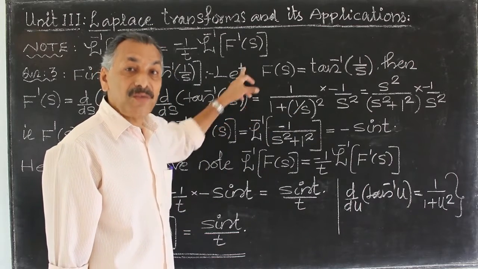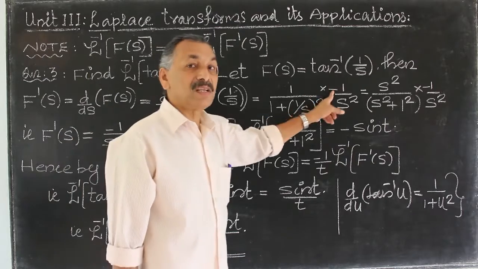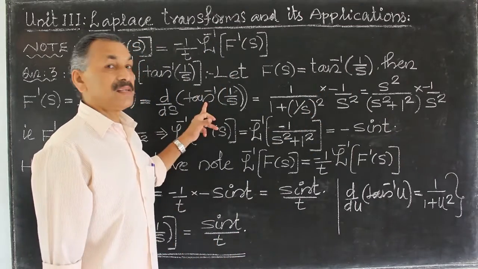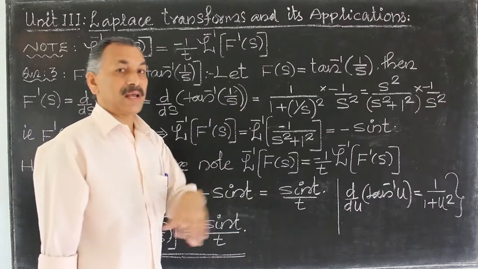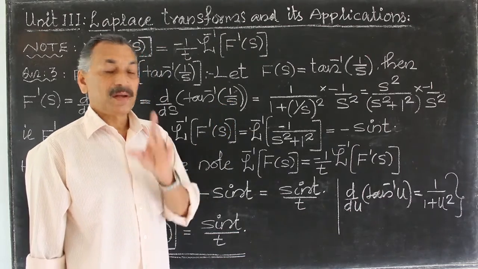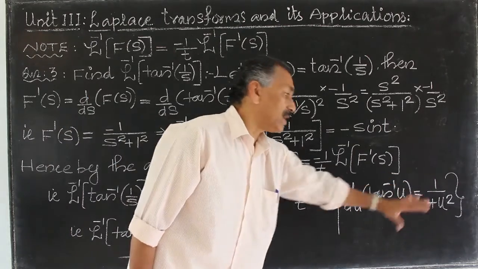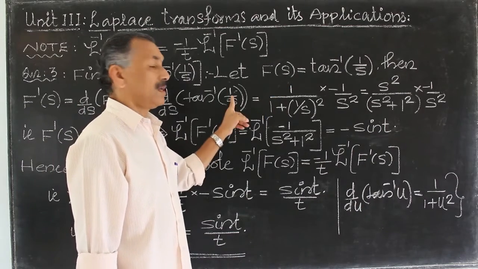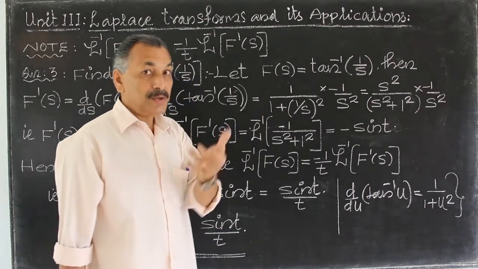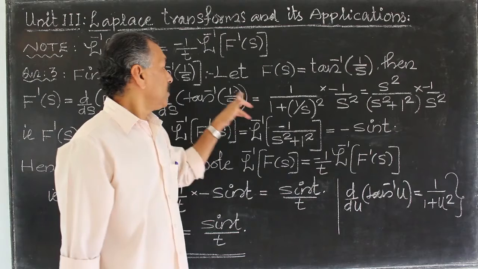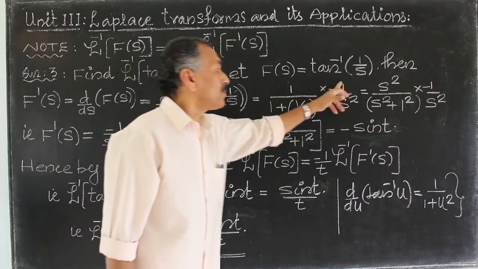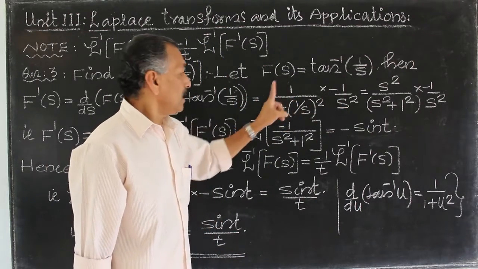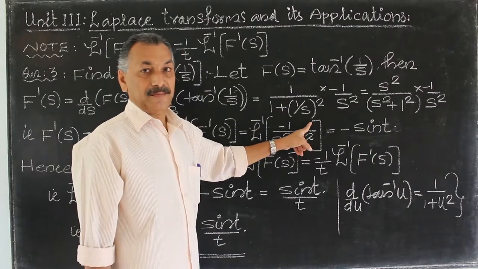The derivative of u, that is of 1 by s, is minus 1 by s square. So this is equal to 1 divided by 1 plus 1 by s square.